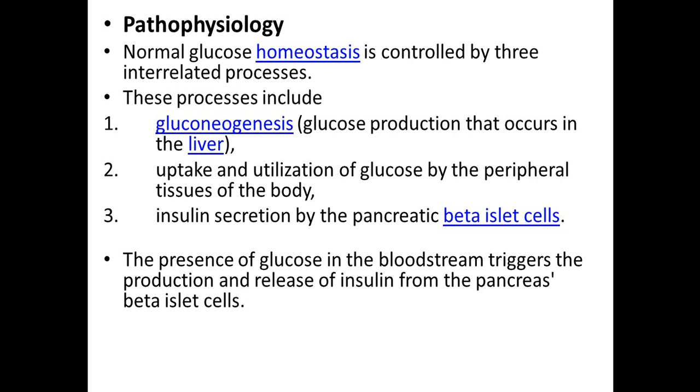The second process is the uptake and utilization of glucose by the peripheral tissues of the body, where it has to perform its function. And third, insulin secretion. As we said, it is the product of the pancreatic islet cells. The presence of glucose in the bloodstream triggers the production and release of insulin from the pancreas.